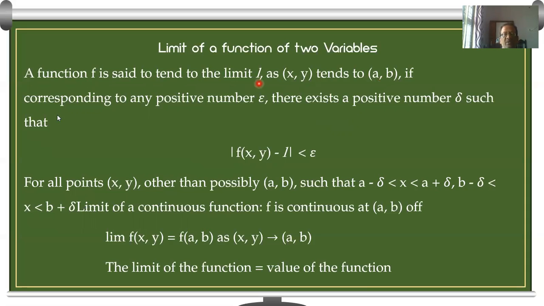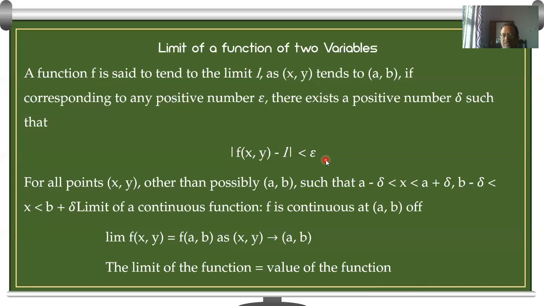If corresponding to any positive number epsilon, there exists a positive number delta such that, satisfying this condition, mod f(x, y) minus L is less than epsilon.